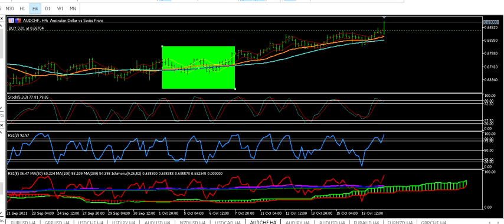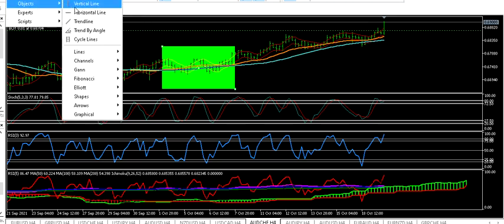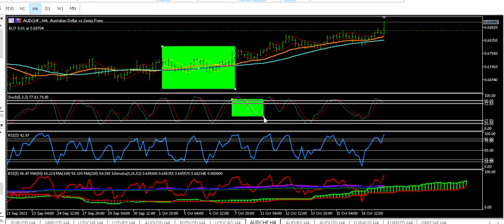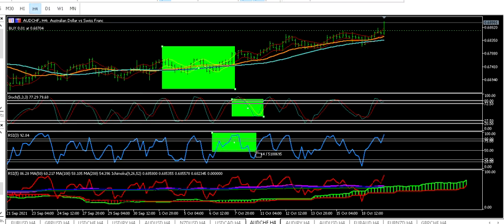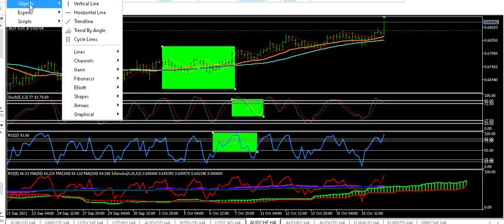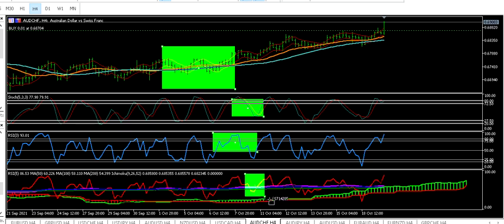Then I have indicator window 1, indicator window 2, and I also have indicator window 3 for this particular strategy.